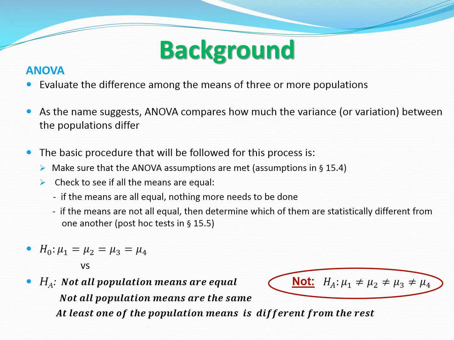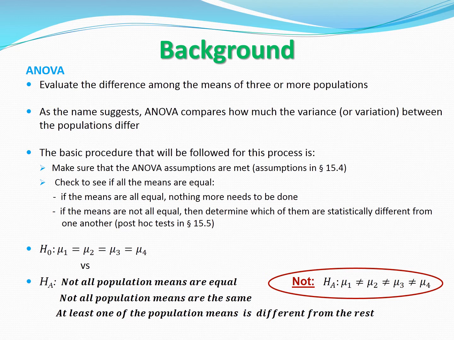The basic procedure that we will follow is first of all to make sure that the assumptions are met for ANOVA. The assumptions are discussed in section 15.4 in the textbook, but for now it's just important to take note that they should be met. Otherwise, the conclusions that we draw from the hypothesis test might not be reliable.